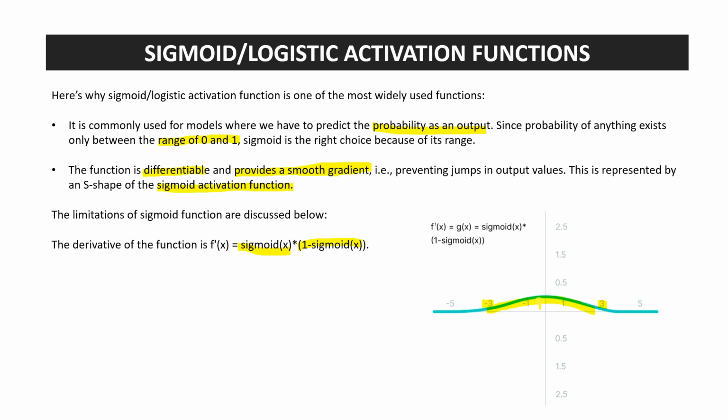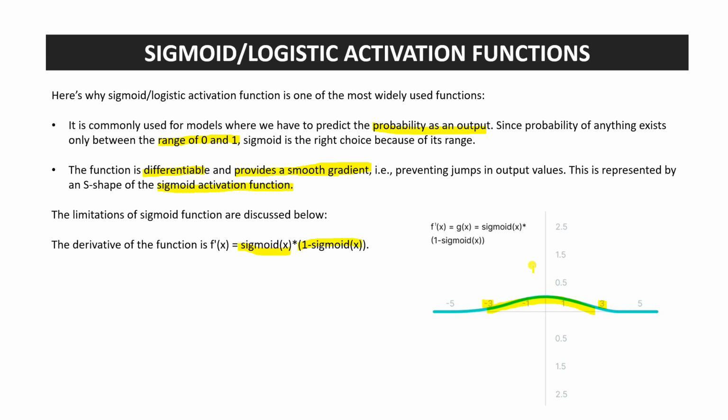As the gradient values approach 0, because the range is so small and flattened, the network ceases to learn and suffers from the vanishing gradient problem. What is the vanishing gradient problem? We'll explore it later on. Those are the problems that happen in the case of the sigmoid activation function. Also, the output of the sigmoid function is not symmetric around 0. It's not zero-centered. That's why tanh comes into the picture.